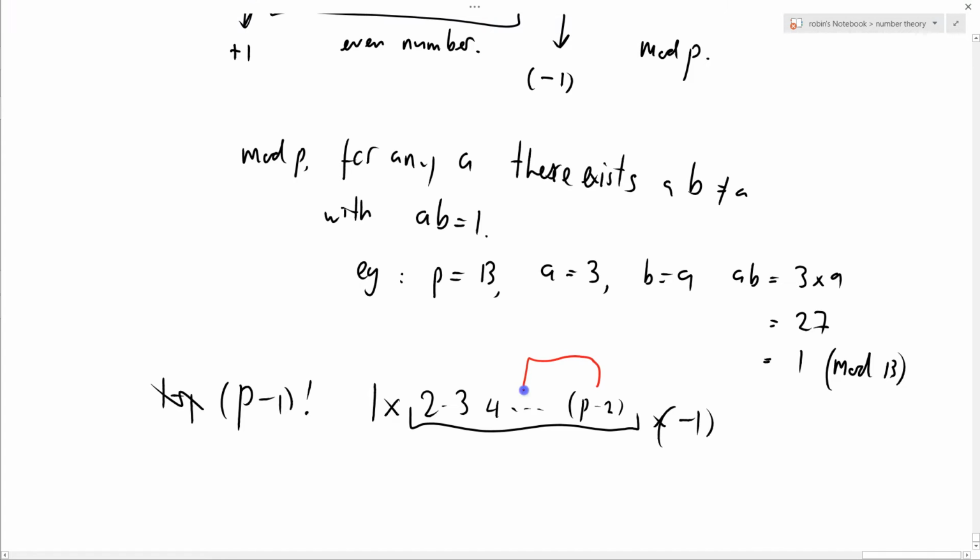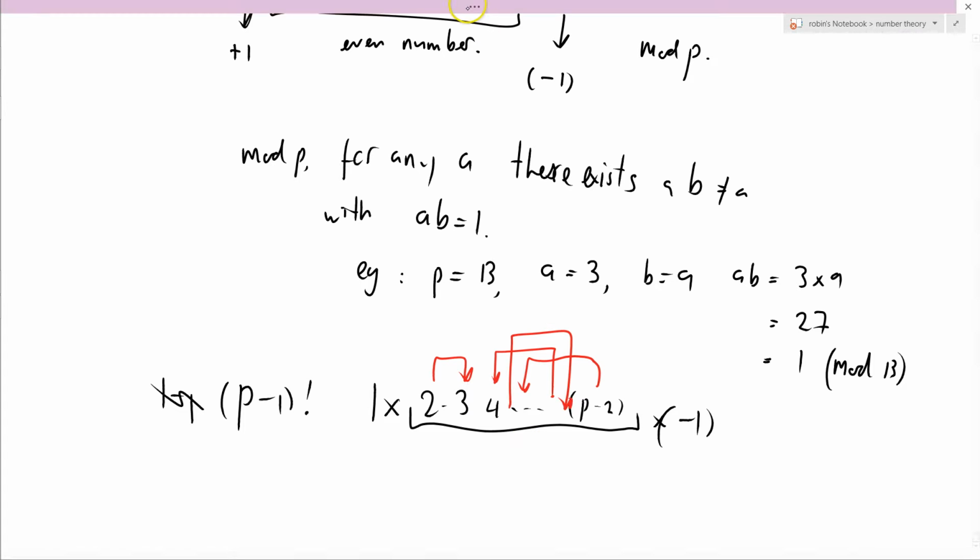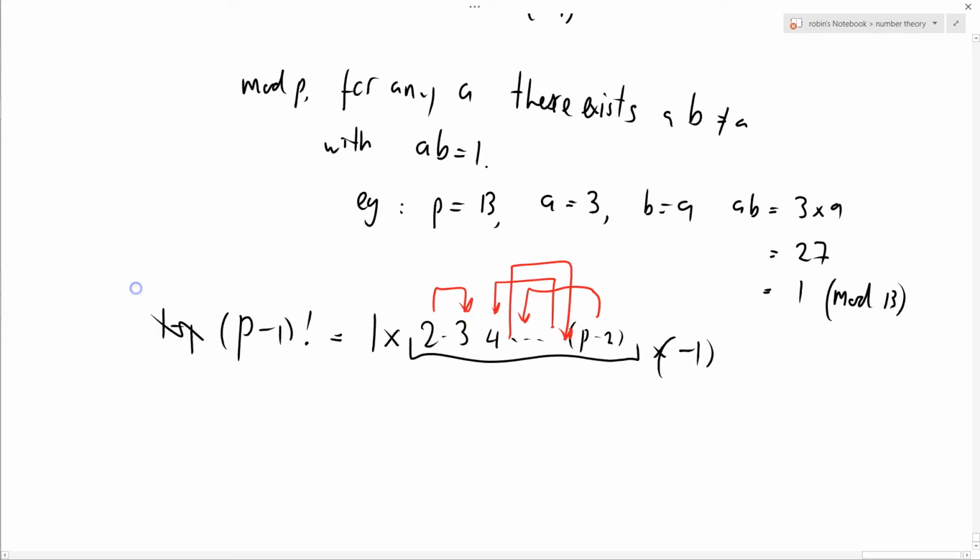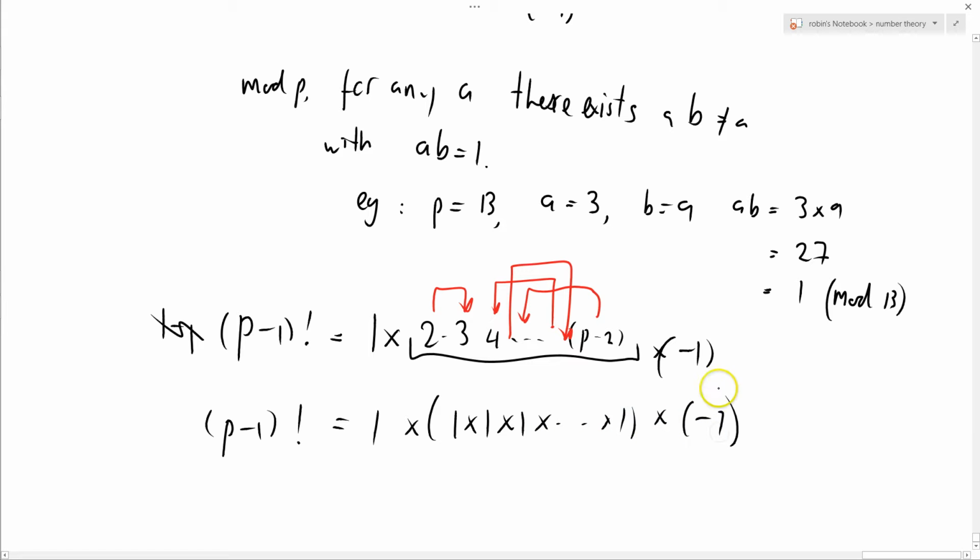So this one might cancel out with that one, this term here might cancel that, 2 and 3 might cancel out, this one and this one might cancel out, all equal to 1. Go back to black. So (P minus 1) factorial equals 1 times 1 times 1 times 1 times 1 times minus 1, which is minus 1.